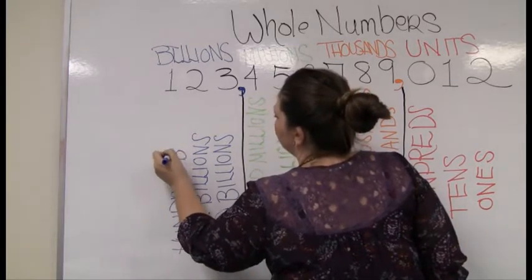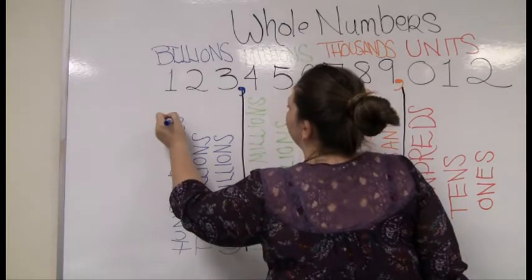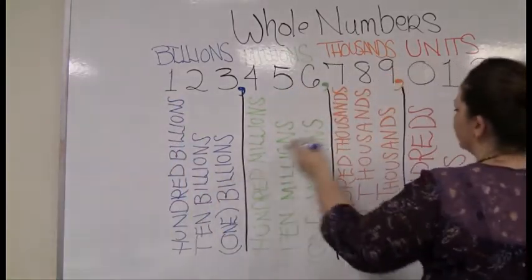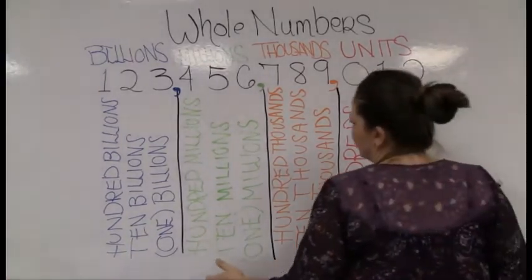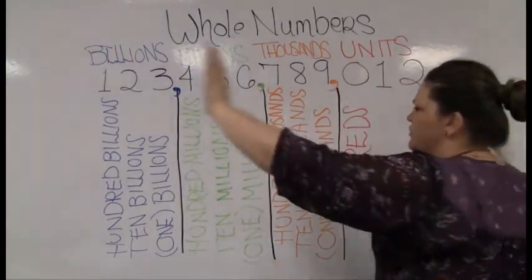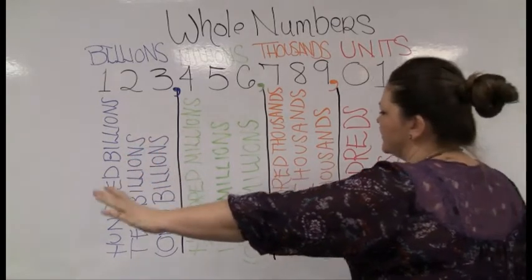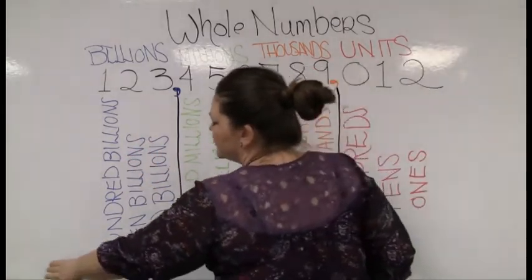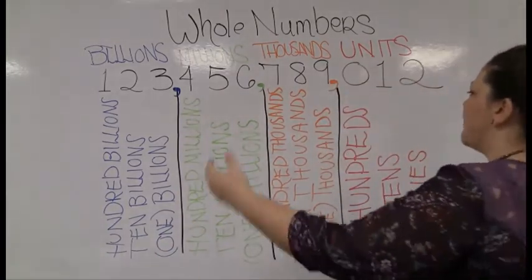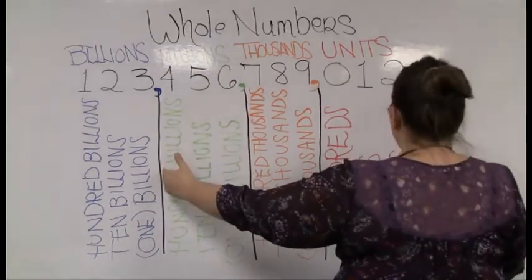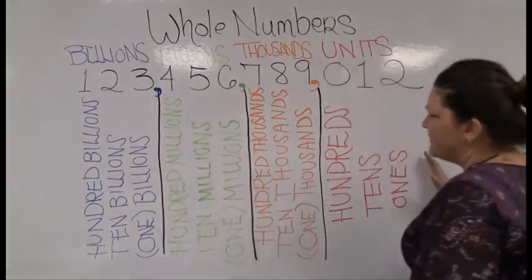And I'll just let you know that the GED test generally only contains numbers up to the millions. So we're really just going to be worried about this red, orange, and green section here. Just want you to know that this pattern does continue onto the billions, the trillions, the quadrillions, and it goes actually past that. But as far as our test is concerned, this is the region that we're going to be in.